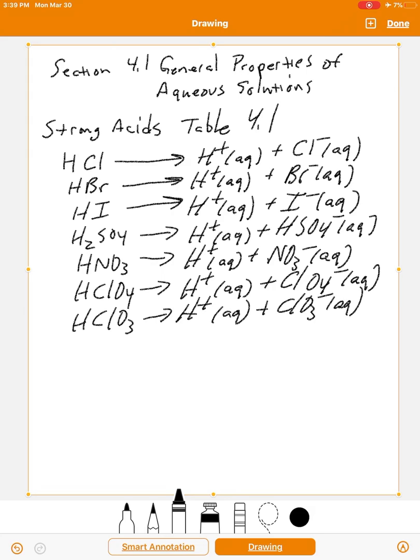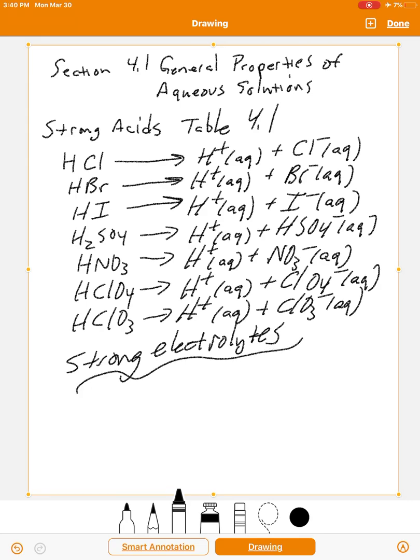Okay, those are called the strong acids. So they will actually form a large number of ions, just like ionic compounds would. And so for that reason, these are strong electrolytes, meaning that they conduct electricity very well because you're forming a high concentration of ions when you dissolve these acids into water.